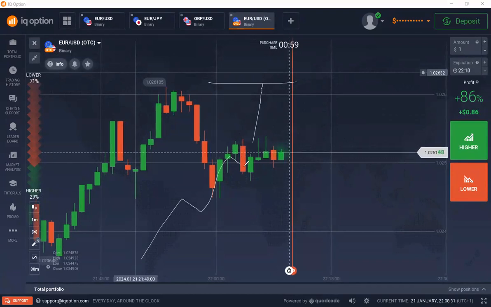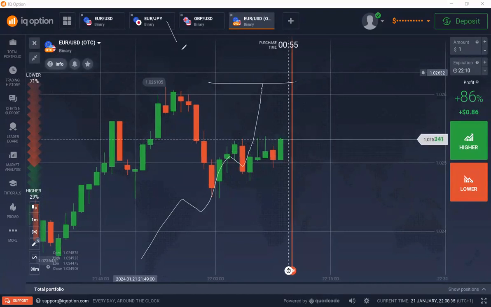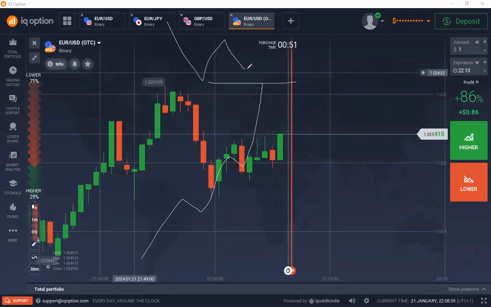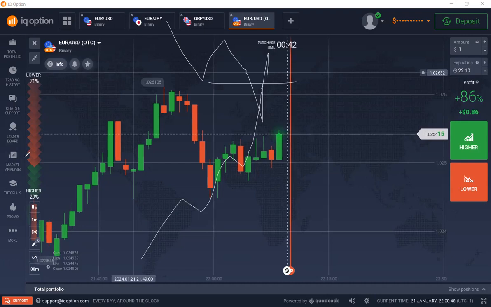Or is it a downtrend? Then the market decided to branch out, fill this gap.